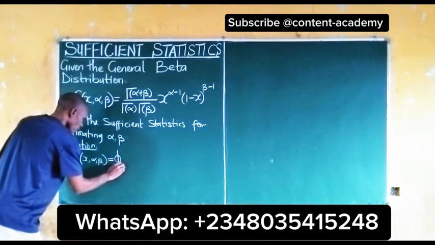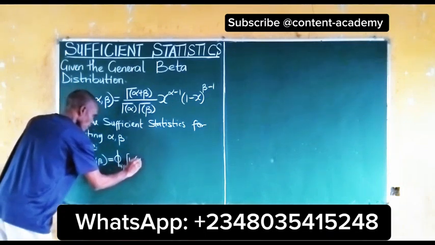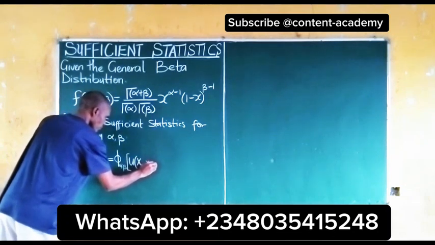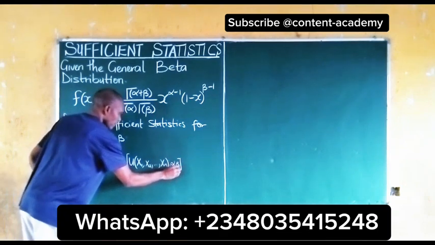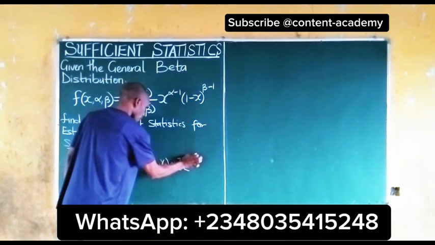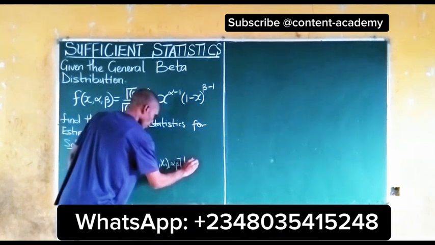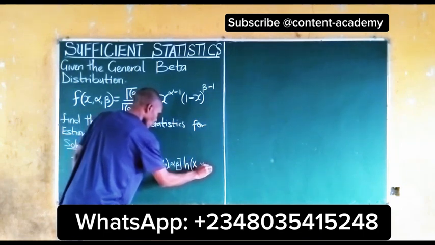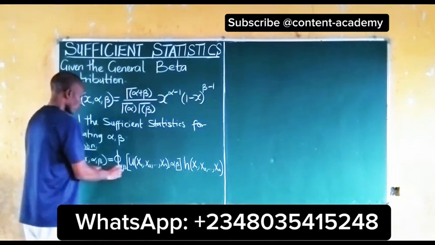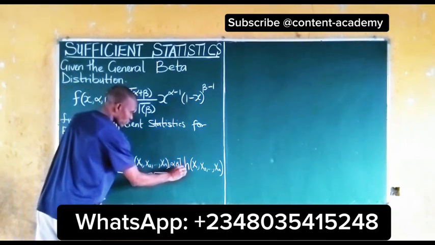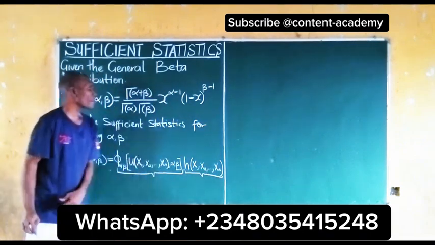These two components can be written as phi of alpha, beta into u of x1, x2, up to xn, alpha, beta, multiplied by h of x1, x2, up to xn. So this is one component, and of course this one depends on alpha and beta. This other component does not depend on alpha and beta.